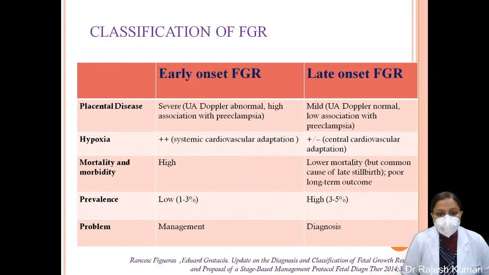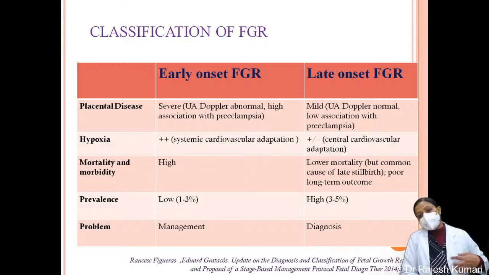So, classification of FGR. There are 2 types of fetal growth restriction, early onset and late onset. In early onset FGR, placental disease is severe, uterine artery Doppler and umbilical artery Doppler are abnormal, with high association with preeclampsia.